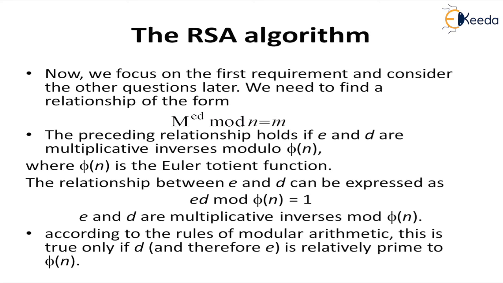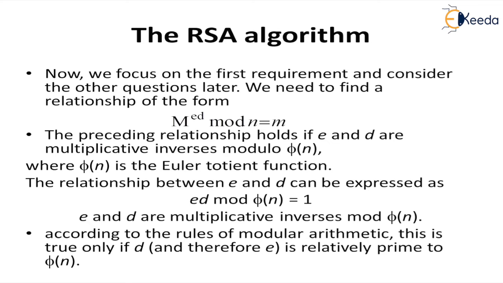Now we are going to focus on the first requirement, considering the rest later. We need to find a relationship of the form M raised to ED mod n is equal to M. The preceding relationship holds if E and D are multiplicative inverses modulo phi of n, where phi of n is Euler's totient function.